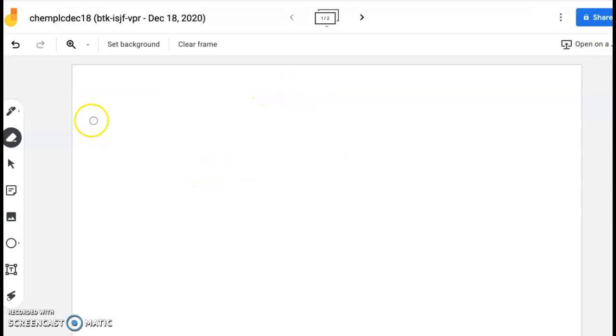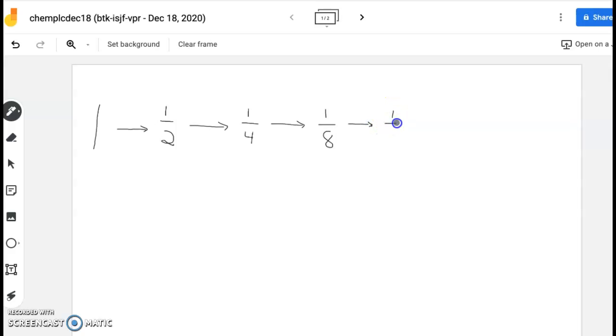So just drawing this out, if we start with just 1, after the first half-life, now that's going to get cut in half. After the second half-life, we're going to lose half of that amount. So now we're going to get cut down to 1/4. After the third half-life, now you're going to be down to 1/8. And after the fourth half-life, you're down to 1/16.